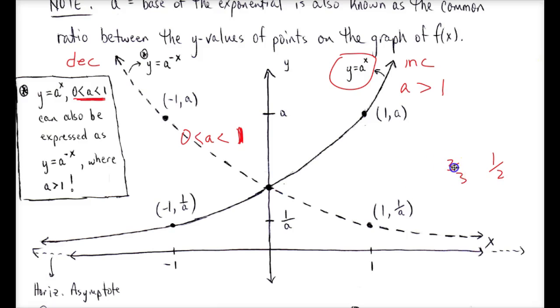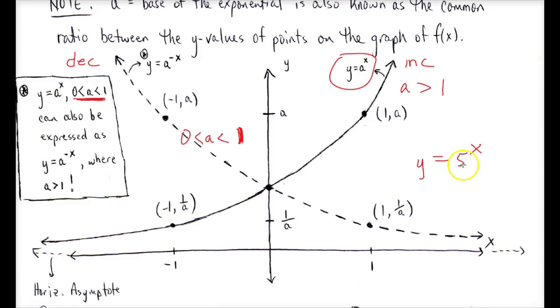So go ahead and get rid of some of this extra stuff here. All right, so we know that if our base is in between 0 and 1, then the graph is exponentially decreasing. If it is greater than 1, then it is increasing. So to give you a quick example of that, let's say we wanted to look at the function y equals 5 raised to the x.